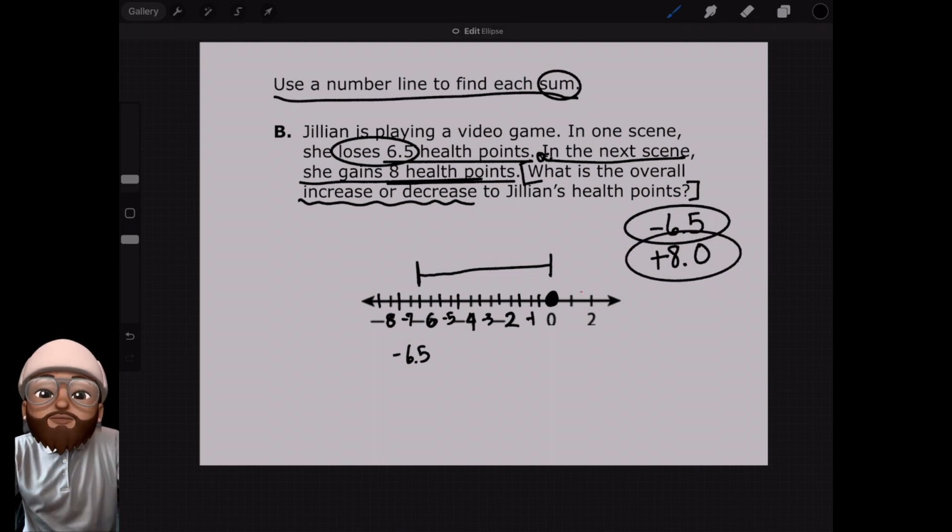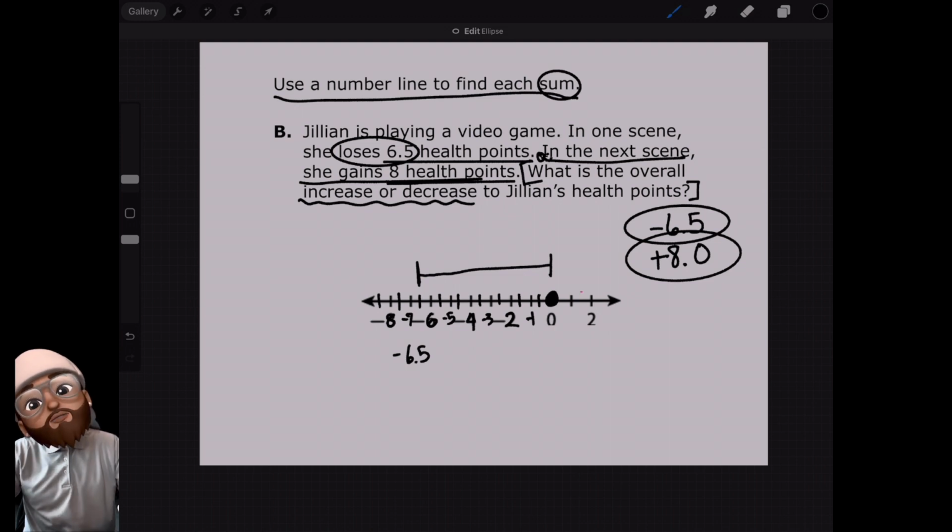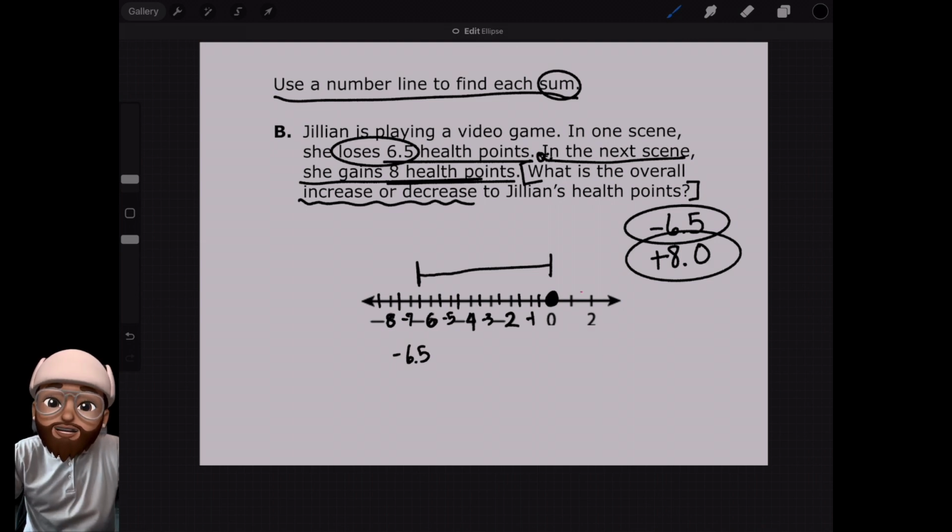The big difference is we're not going to start at 0 and go up to 8. We're first going to start at 0, go back to a negative 6.5 to represent the first scene, and then go up 8 from that negative 6.5 to represent the second scene, and then record whether the overall increase or decrease to Jillian's health points, okay?